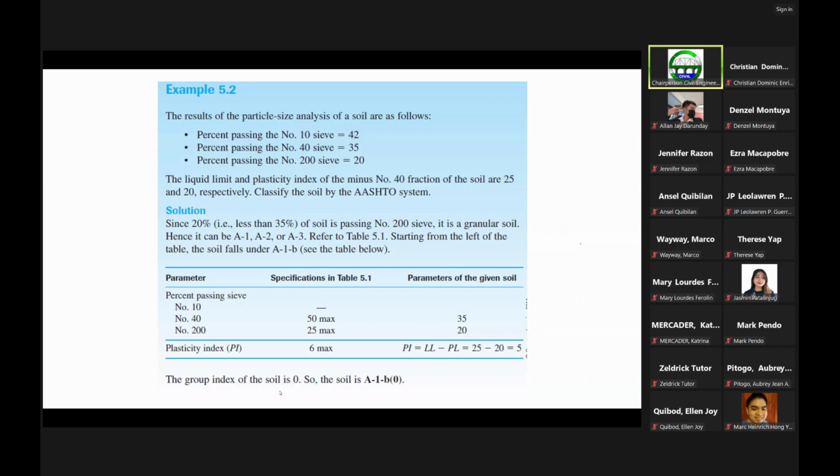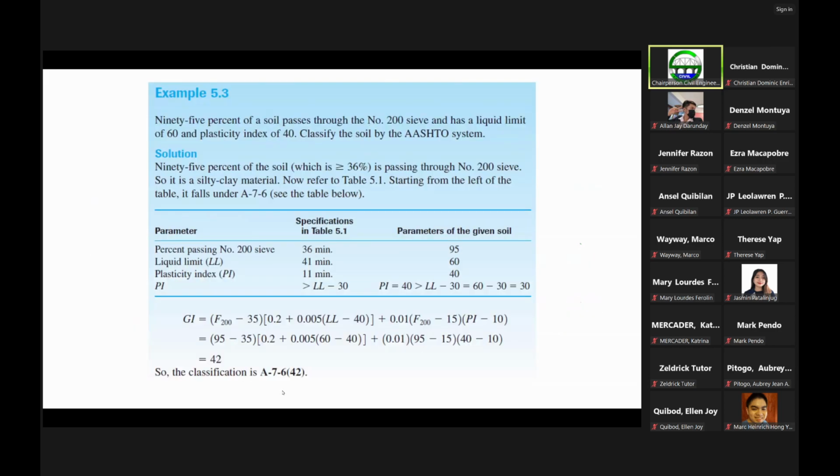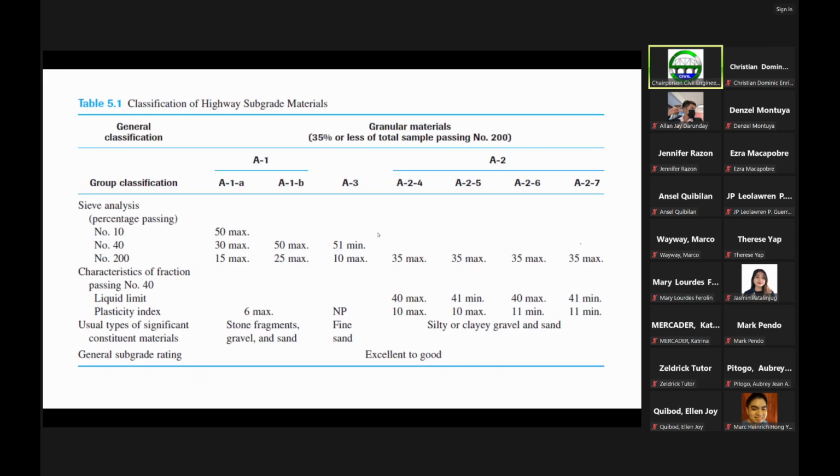Again, if we check the table, if the percent passing number 200 is less than 35, then we consider it a granular material.